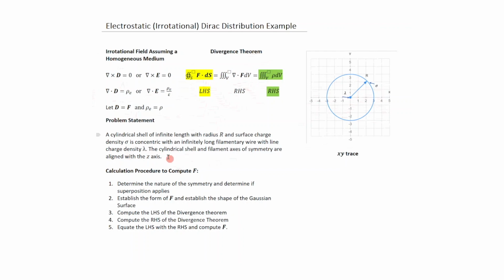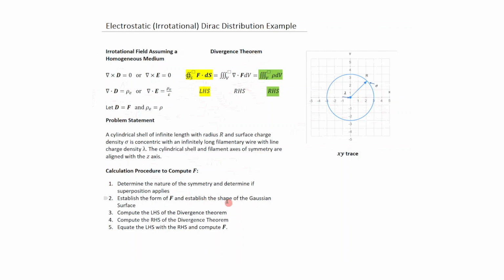So this is more or less the geometry we're dealing with. And both of these, the shell and the filament, are aligned with the z-axis. So we want to compute F. The procedure is, first, determine the nature of the symmetry and determine if superposition applies. In other words, sometimes it's not necessary to use it. In other cases, you have no option. Second is to establish the form of F and establish the shape of the Gaussian surface.